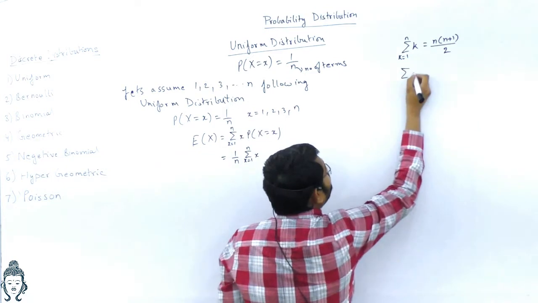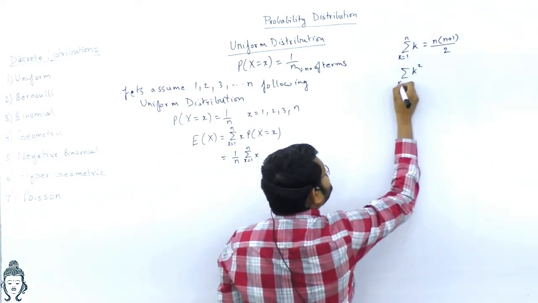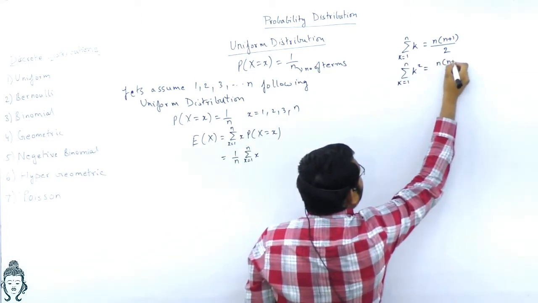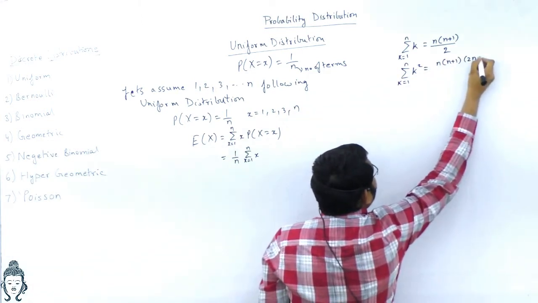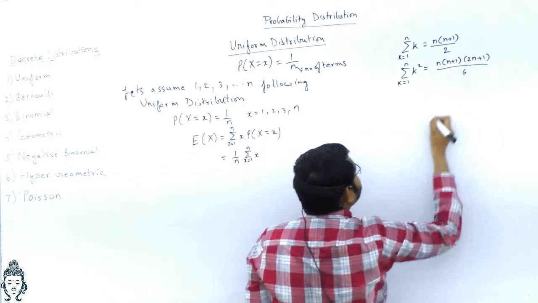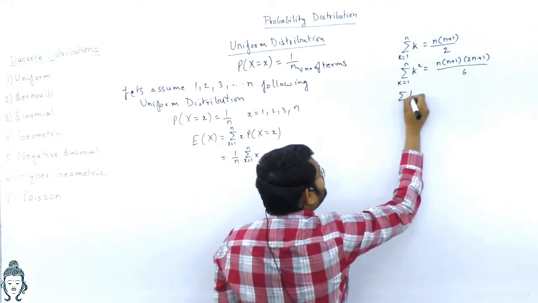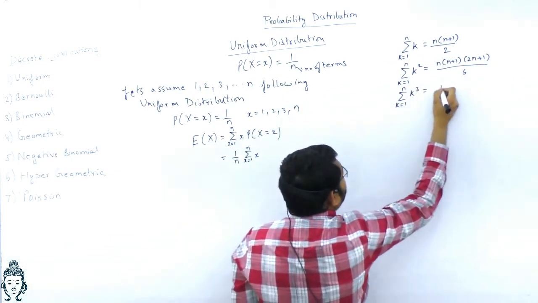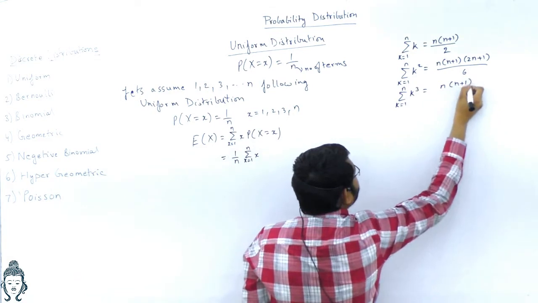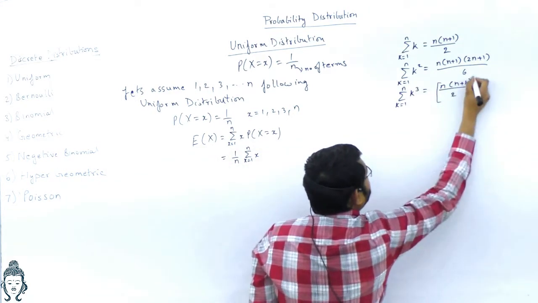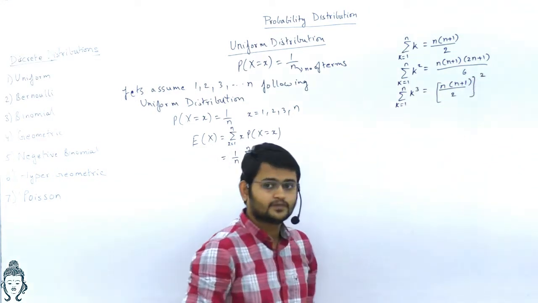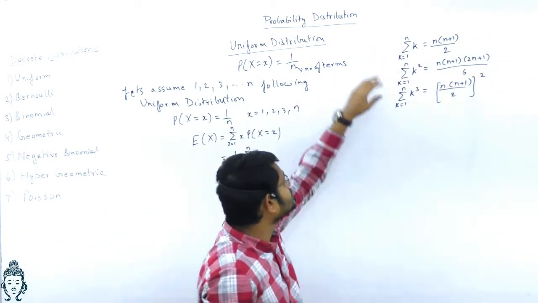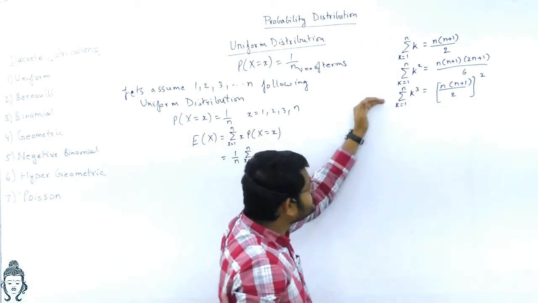And the sum of squares of the first n natural numbers is n into n plus 1 into 2n plus 1 by 6. And similarly, the sum of cubes of the first n natural numbers is n into n plus 1 by 2, the whole square. So these are the three values that might be required in our further calculation. We definitely require these two. This maybe.